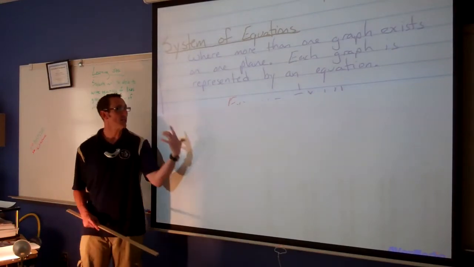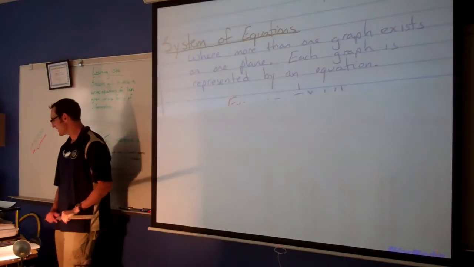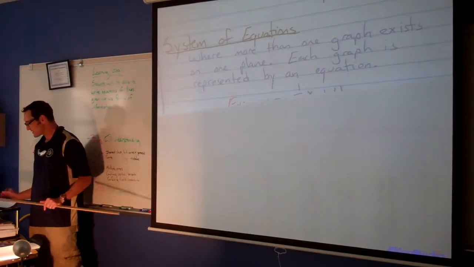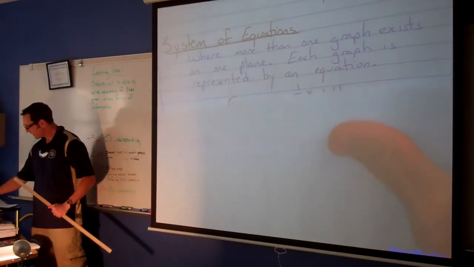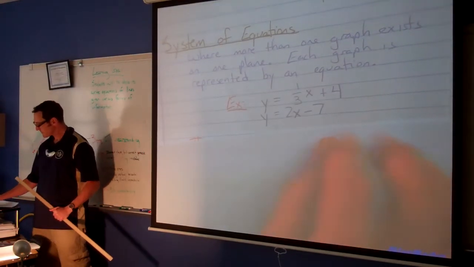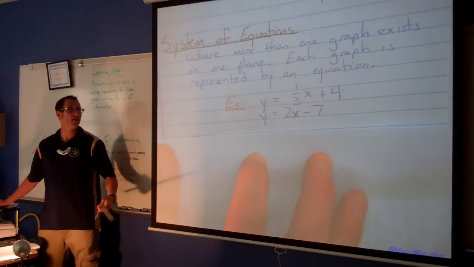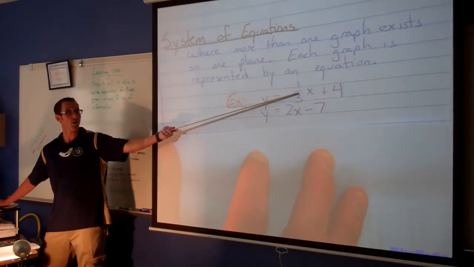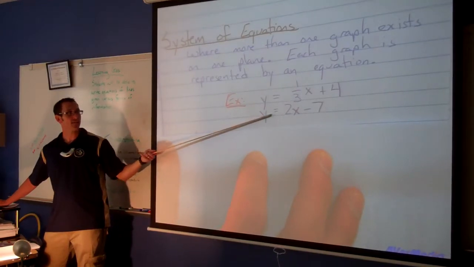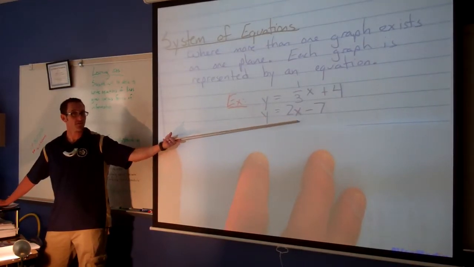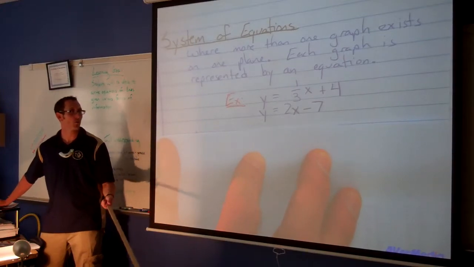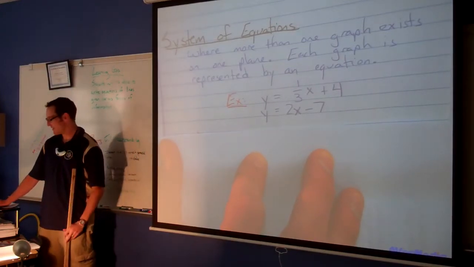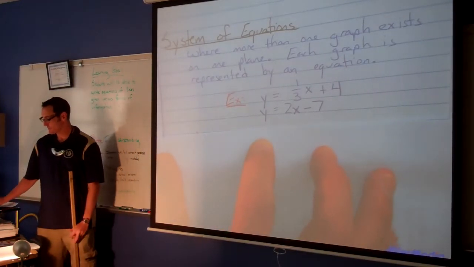Remember that each graph that we have is represented by an equation, so a system of equations might look like a situation where you have one equation for one graph, a different equation for a different graph on the same coordinate plane. And that is a system of equations.